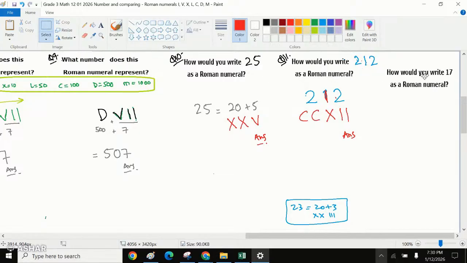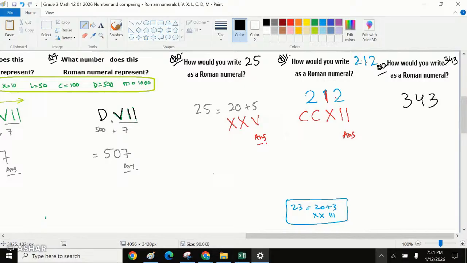Let's write one more. For question number 12, if I would say 343, how can we write 343? This is tough, because there is a 40 in it. We know writing 300 would not be a problem for us.